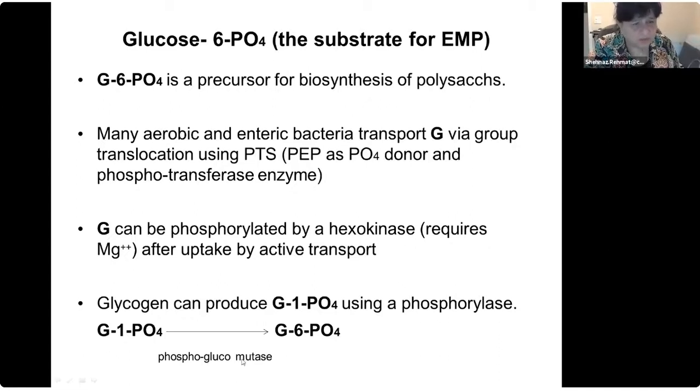This will be the mutase enzyme that converts glucose 1-phosphate to glucose 6-phosphate. So I'm just showing you different sources of glucose 6-phosphate into the cell, and another use of glucose 6-phosphate, the biosynthesis of polysaccharides. Any questions?